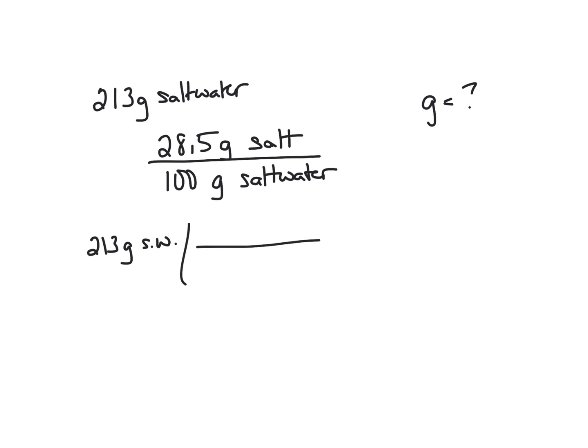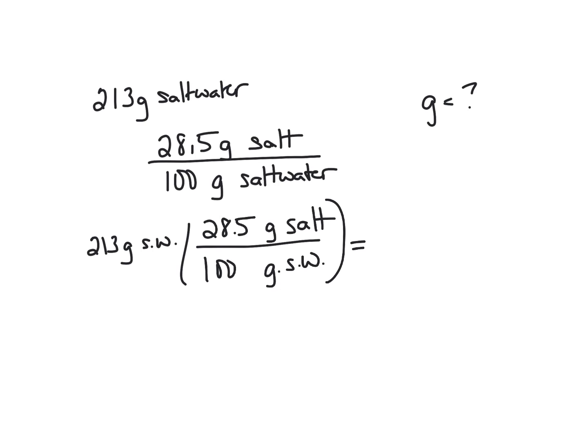I know that on the bottom, because both of these units are now in grams, I've got to make sure it's not just grams that matches up, it's the grams of the same substance. So on the bottom, I have to have grams of salt water, and on top I will have grams of salt. So I have 28.5 grams of salt over 100 grams of salt water.